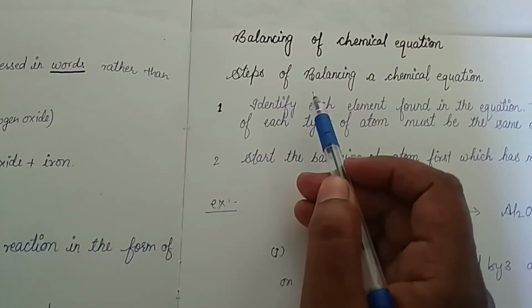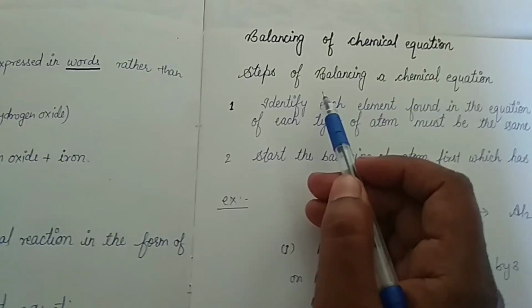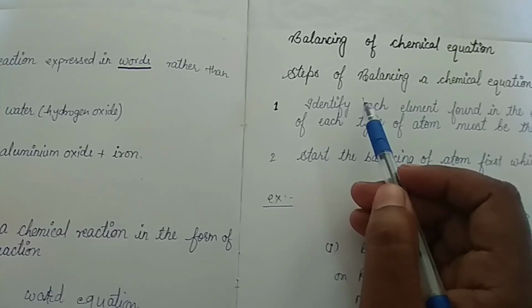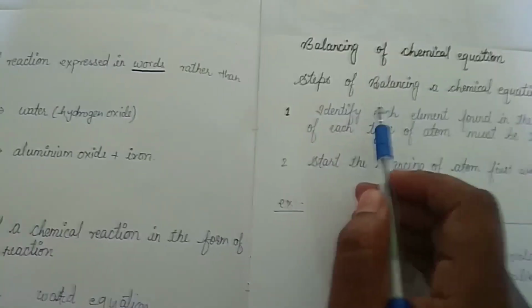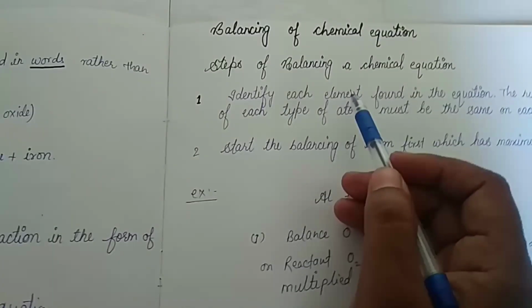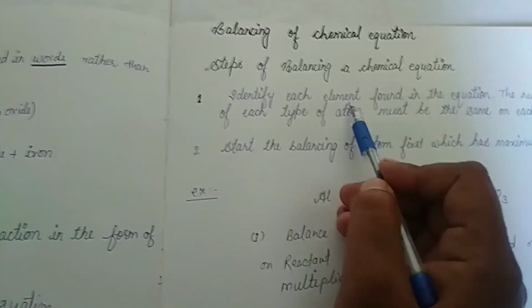Balancing of chemical equation. First, children, we have to know why a balanced chemical equation is important. Remember, children, in previous classes you have learned the law of conservation of mass, which states that the total mass of reactants must be equal to the total mass of products.